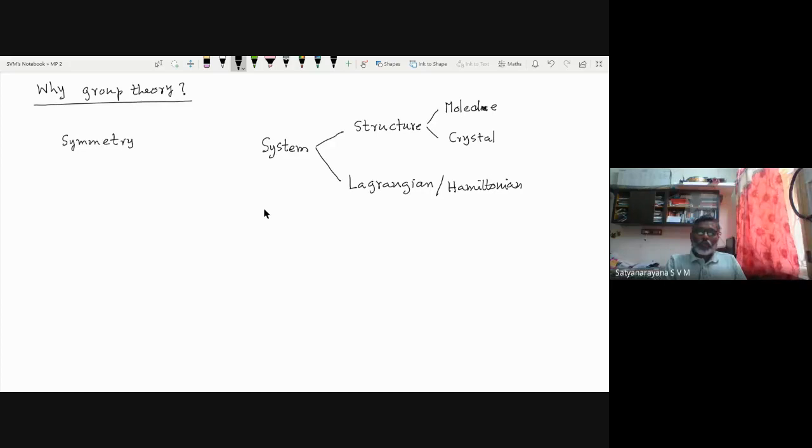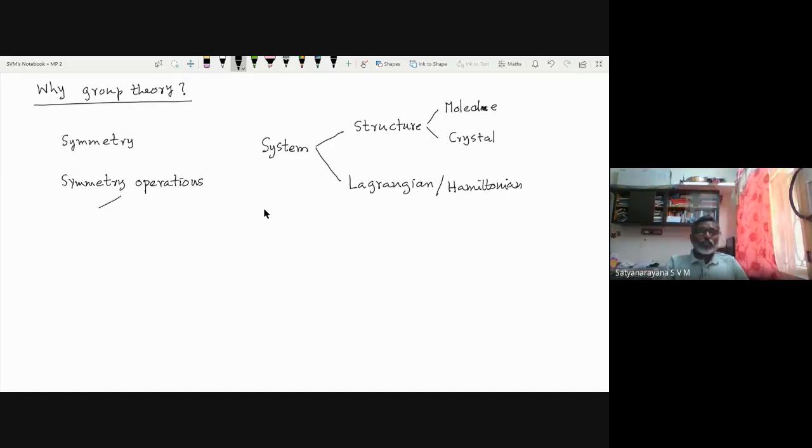Now, every such system is said to possess some symmetry. What do we mean by that? Symmetry means you can think of certain symmetry operations. Okay. Now, what are these operations?